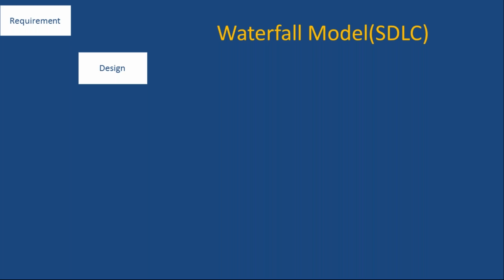All such things, we will make one design. Once the design is ready, we come to the coding or implementation phase, where our developers will start writing the code as per the requirements.